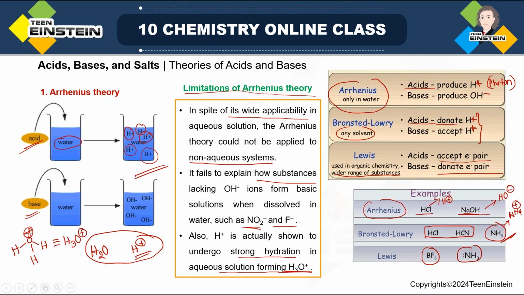That means according to the Arrhenius definition, acids are those substances that produce H plus. But ultimately in the medium, it does not remain in the H plus form. It is converted to H3O plus, and that is the third point: H plus is actually shown to undergo strong hydration. That is, it will be surrounded by water molecules and ultimately form H3O plus. It will not remain as simply the H plus ion. So these are the limitations of Arrhenius theory.